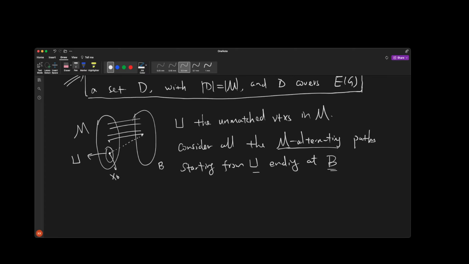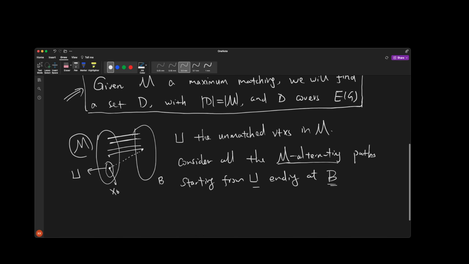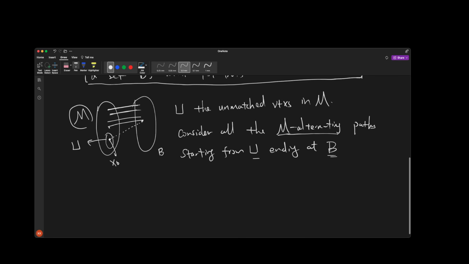At this point, I want to pick every edge from this matching, and I choose exactly one of its end vertices to put into my set D. So I define this rule.